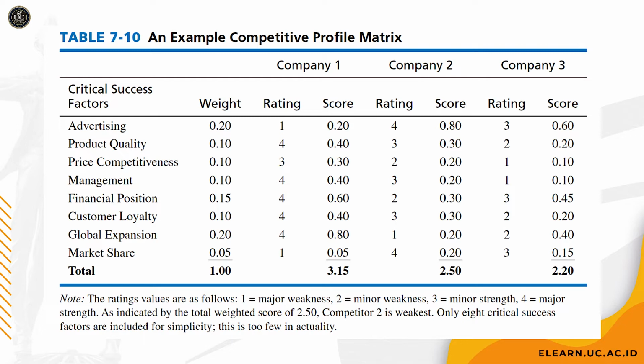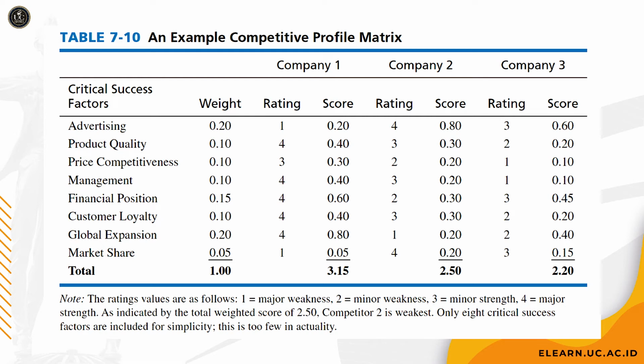So you need to assign from the most important to the least important, as long as everything equals 1 or 100%. Which means that the most important factor will have the highest weight, and vice versa. The lowest weight would be the least important factor for the success of the company.